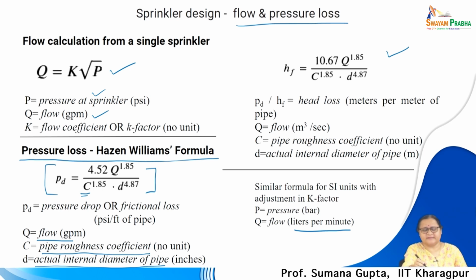So, that means, here it is the MKS system and this side it is the FPS system. So, the Hazen-Williams formula is the tool for working out the pressure loss.